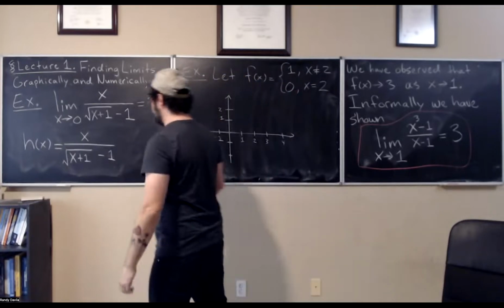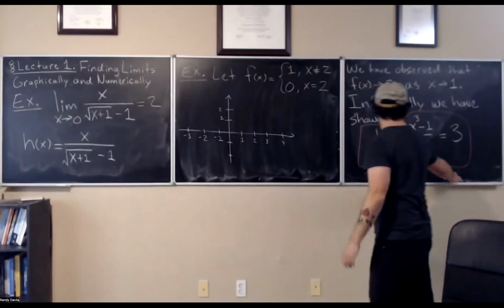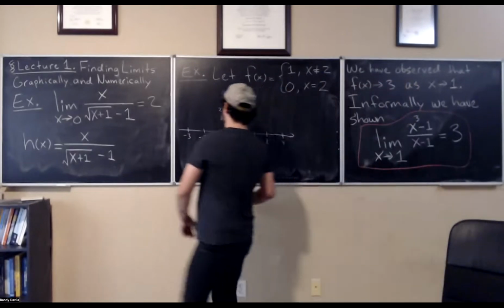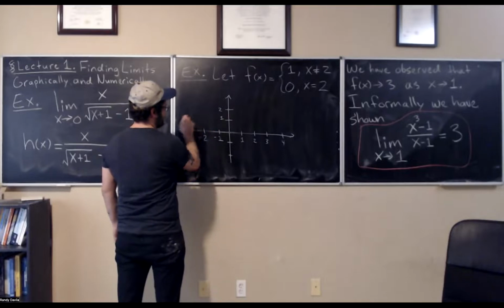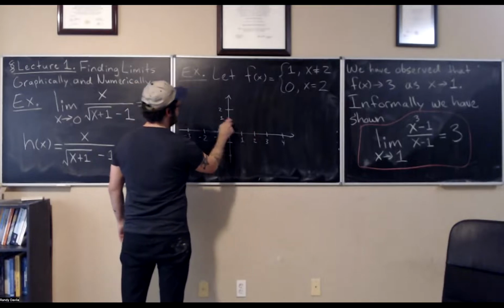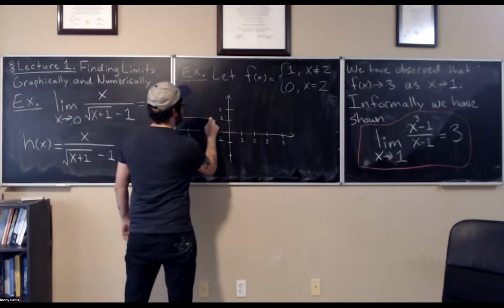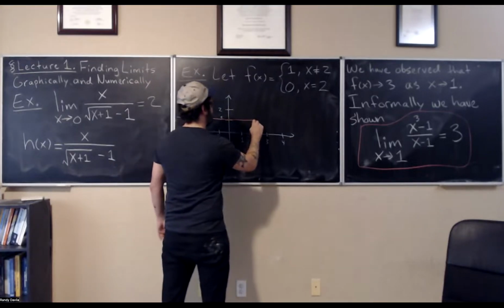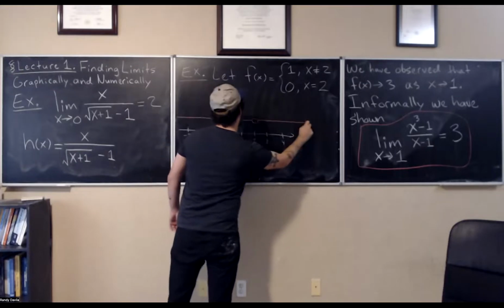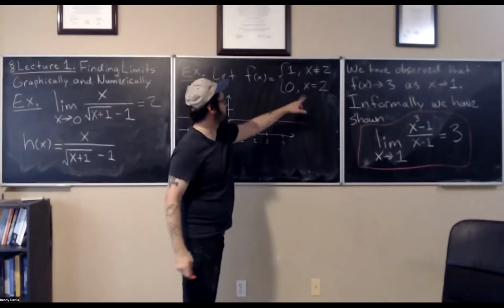So what does that look like here? At -3, the function value is 1. At -2, 1. At every value except there, it's going to be 1. And then at x equals 2, the value is here.